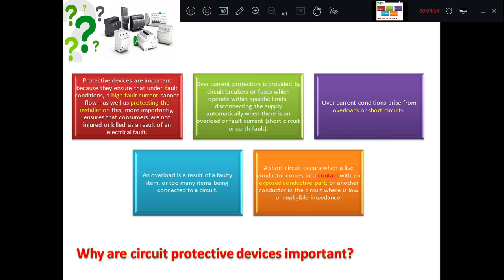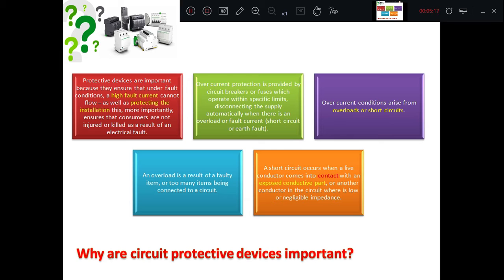The overcurrent protection is provided by different equipment, that is the circuit breakers or fuse or the earthing. The conditions arise in the system because of overloads or a short circuit. An overload is a result of a faulty item or too many items being connected to a circuit.